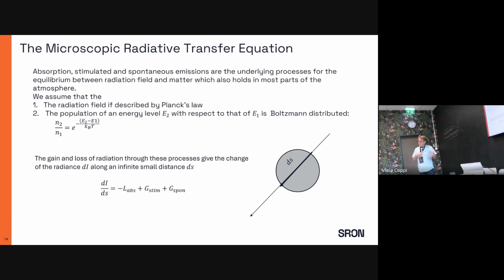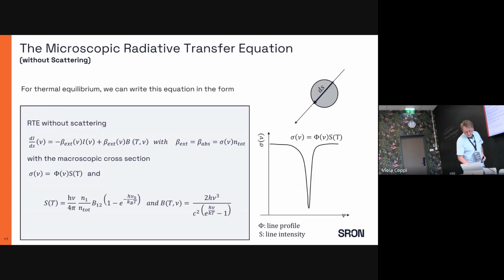And if you do that very carefully and do all the math, you end up with the first version of our radiative transfer equation. You only have to make these assumptions, and you end up with something fascinating. In this form, the change of the radiance along a small distance ds is proportional to the radiance itself, with what we call the extinction coefficient.